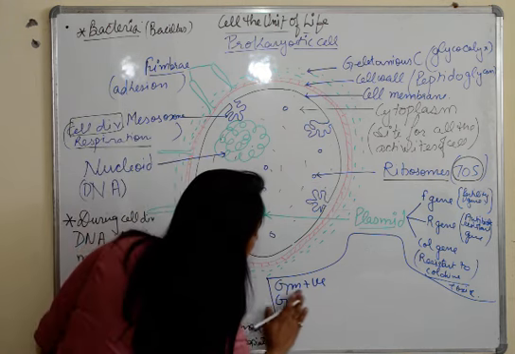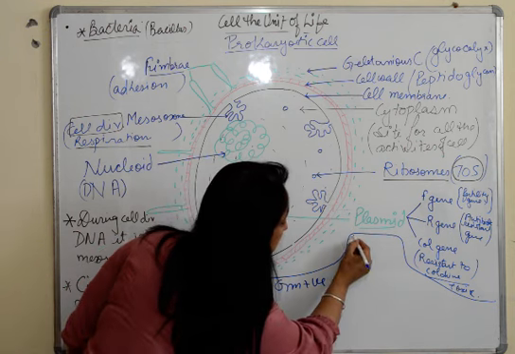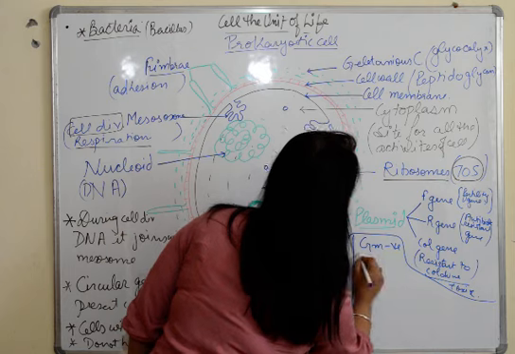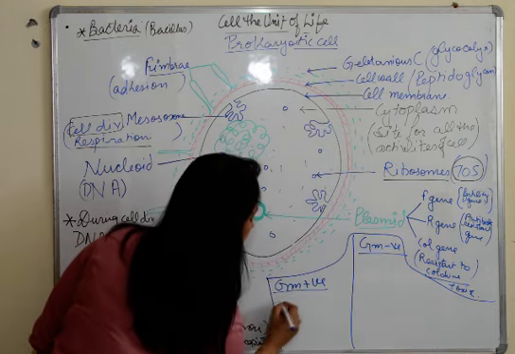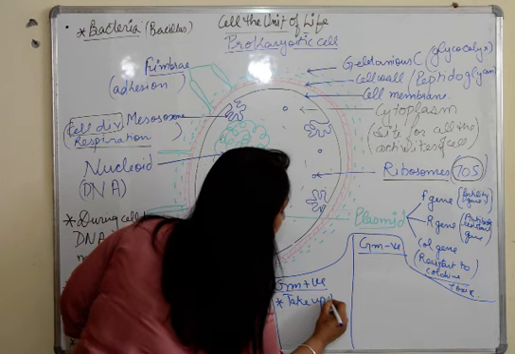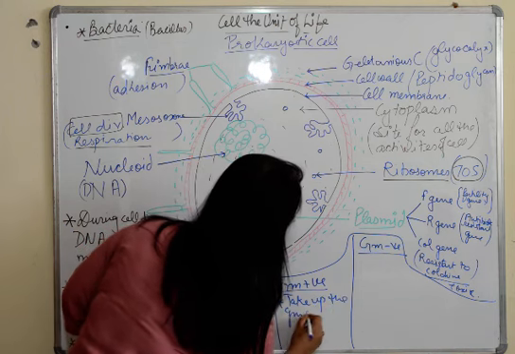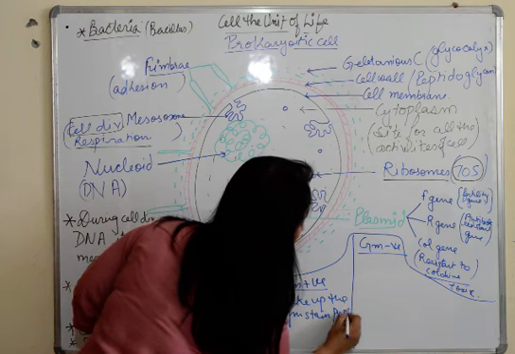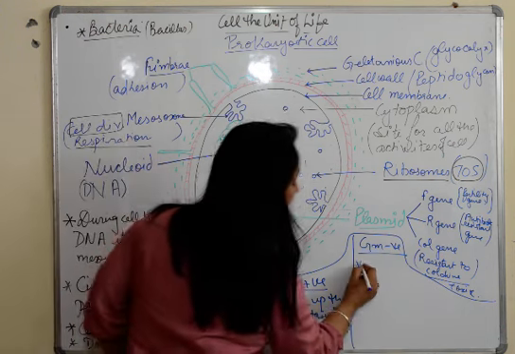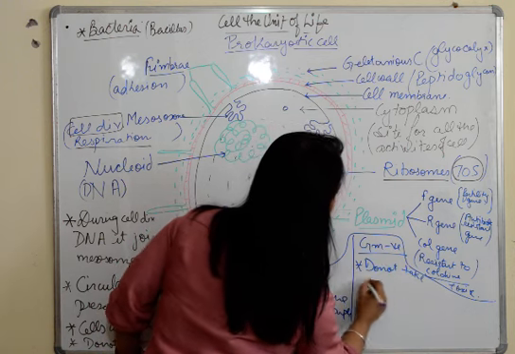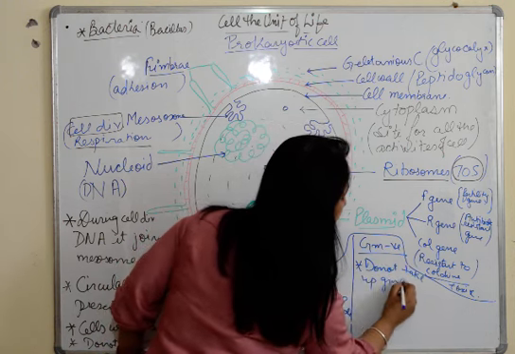Fine, so I'll just write it in this form so that it is clear. And gram negative. Now gram positive bacteria are the ones which take up the gram stain and turn purple. Fine. And negative are the ones which do not take up gram stain.